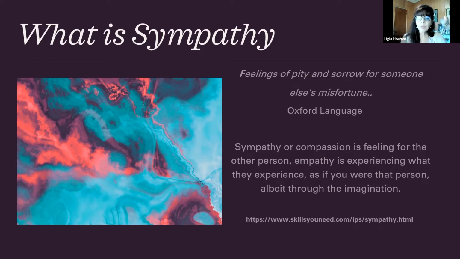Empathy is experiencing what they experience as if you were that person, albeit through the imagination. And I thought that was cute that they made that distinction, because in reality, we cannot really feel what the other person is feeling. Because how can we? Yes, we can imagine. However, that is something that we cannot really know.